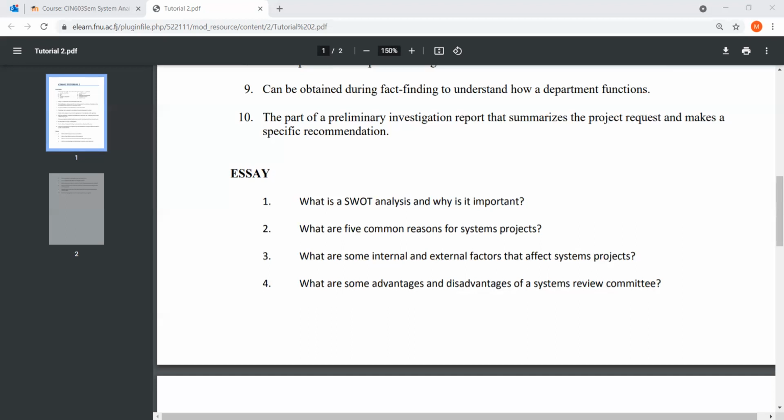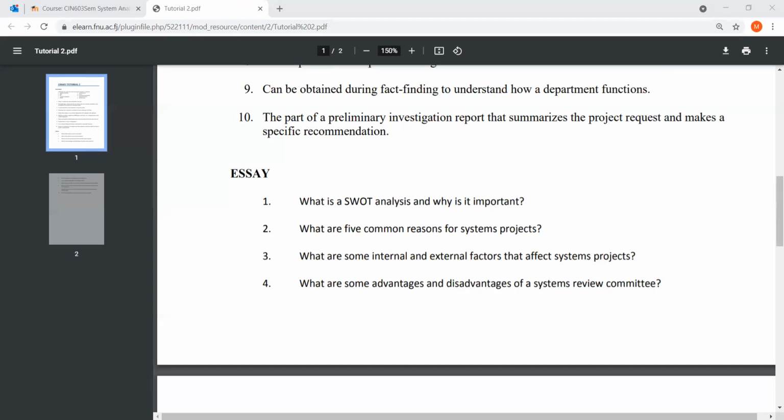So the second one, for external factors: suppliers, you have technology, suppliers, customers, competitors, the economy, and government. All good, Sammy? Thank you.